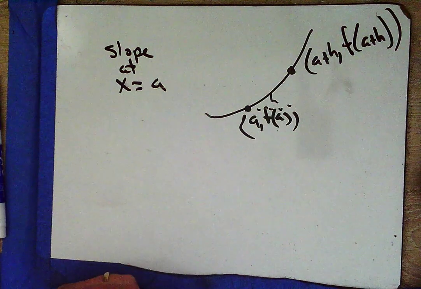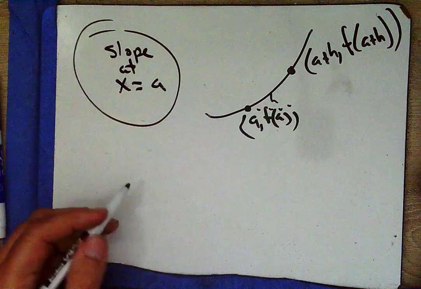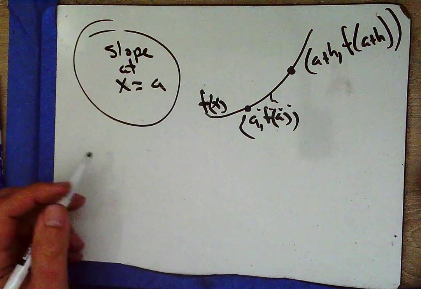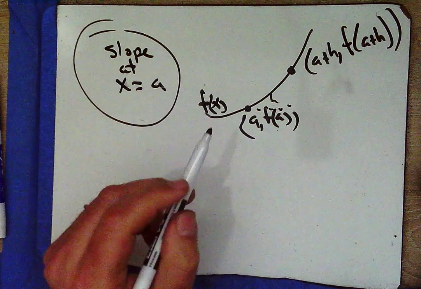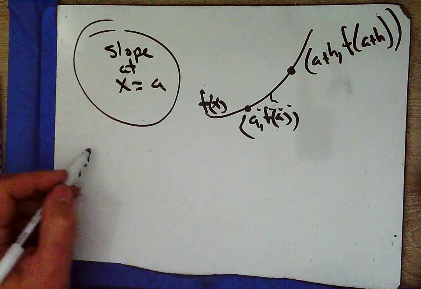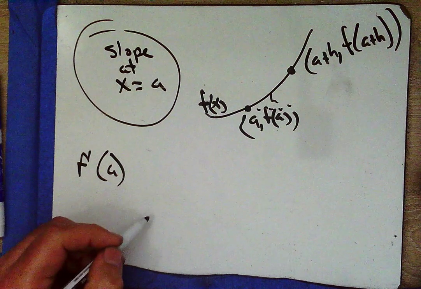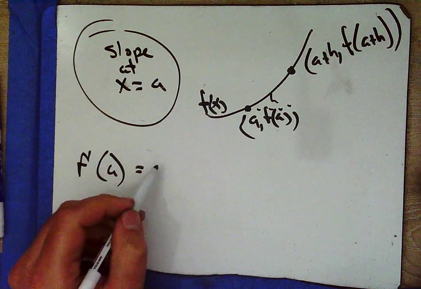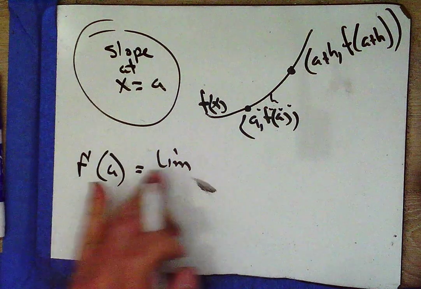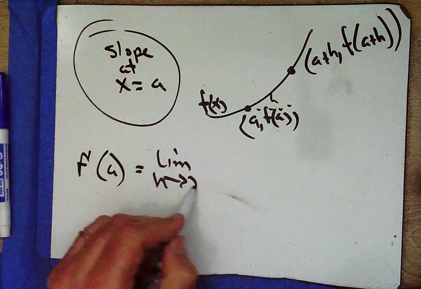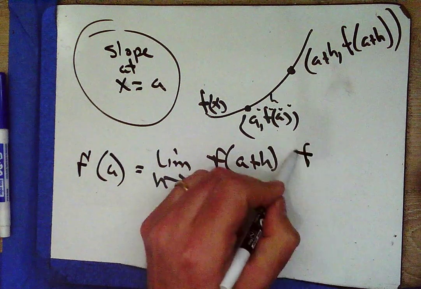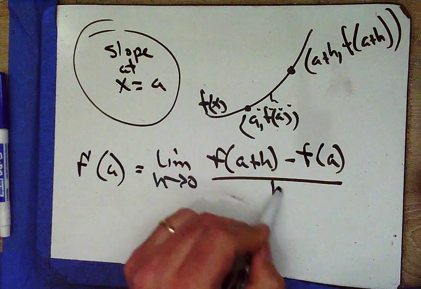So I've got these 2 ordered pairs. I want to know the slope at that point. And if this is f of x, we used a notation on the microscope worksheet where we said the slopes of f are called f prime. So I'm looking for f prime of a. And f prime of a is going to be the limit as h heads to 0 of f of a plus h minus f of a all over h.